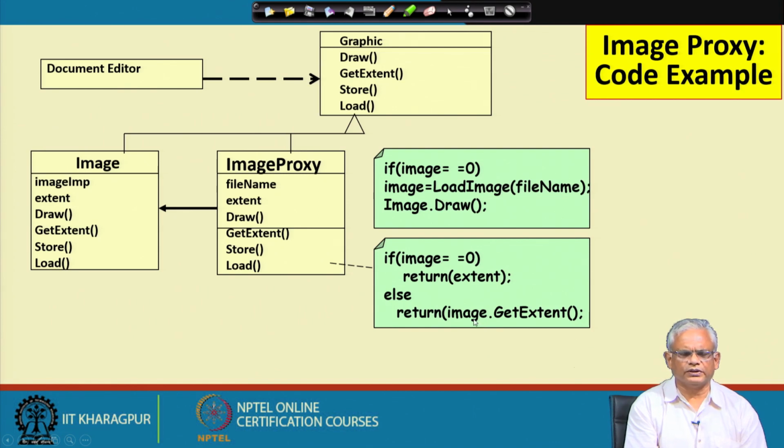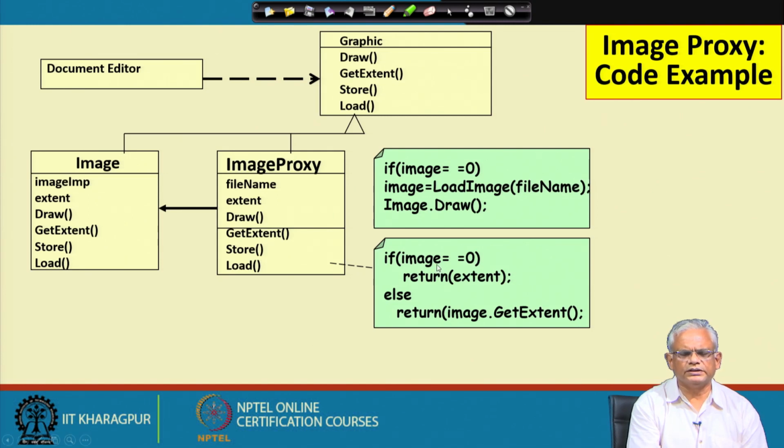This is the code example. Let us say we have this graphic, and the document editor invokes the graphic depending on whether it becomes visible, and the image and the image proxy both implement the graphic methods here: draw, get extent, store and load.